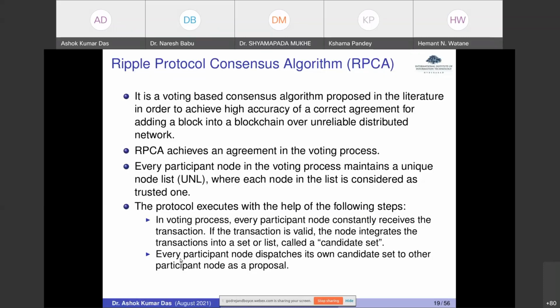Then every participant node sends its own candidate list to the other participant nodes as a proposal. So in the voting mechanism, each transaction a participant receives is added to the candidate list, and periodically the candidate list is broadcast to other participant nodes as proposals.